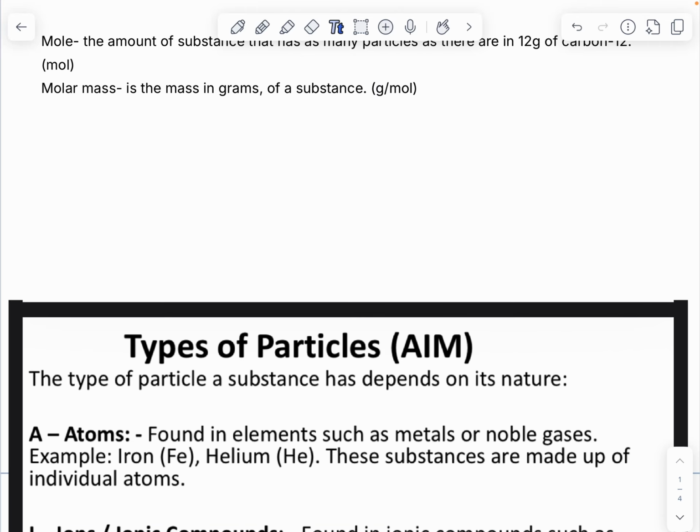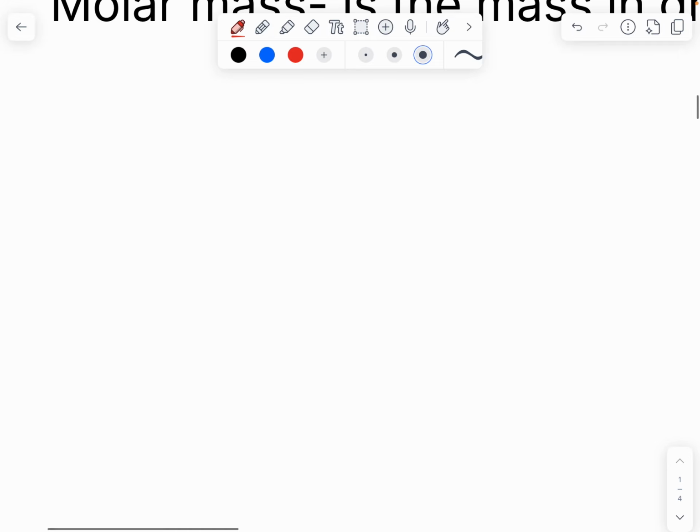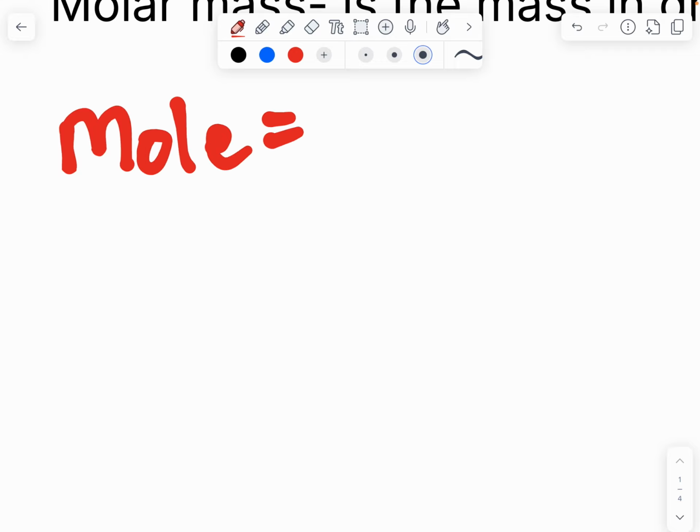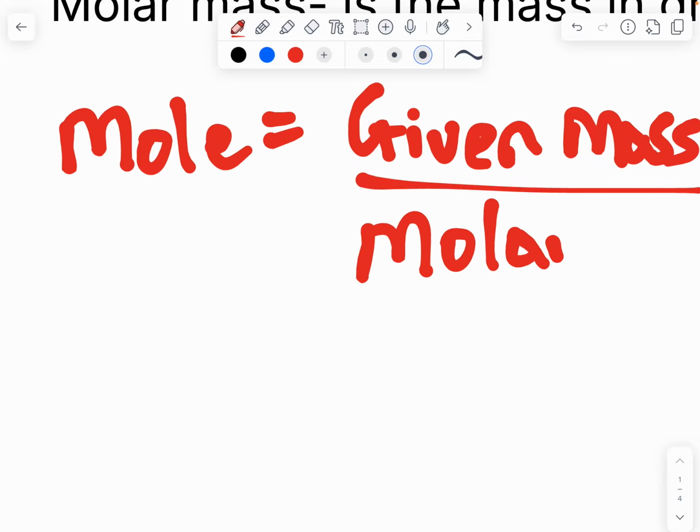We also looked at some conversions in the mole concept, and one of the first ones we looked at was mole. We say that the mole is equal to the given mass divided by the molar mass. And once again, the unit for mole is mol.